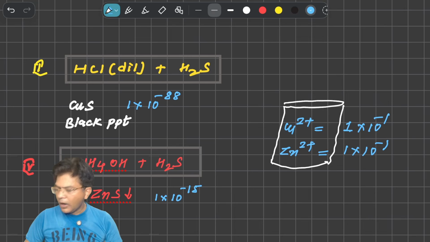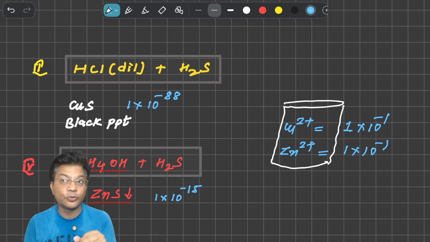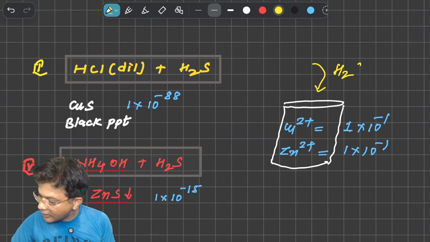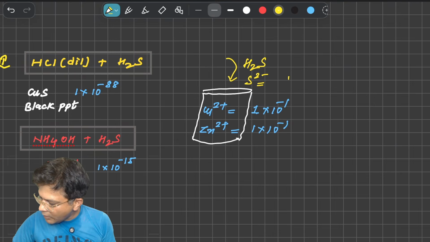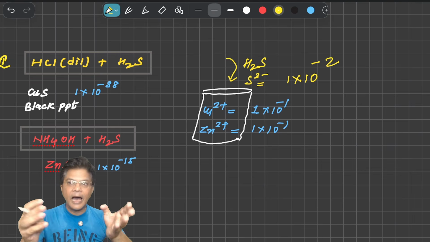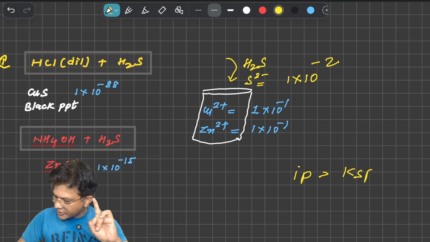If you are dealing with second group radicals and somebody has directly passed H2S as gas, and suppose the concentration of sulfide was 1 into 10 raised to minus 2, then if the ionic product IP exceeds the Ksp value, precipitation takes place.